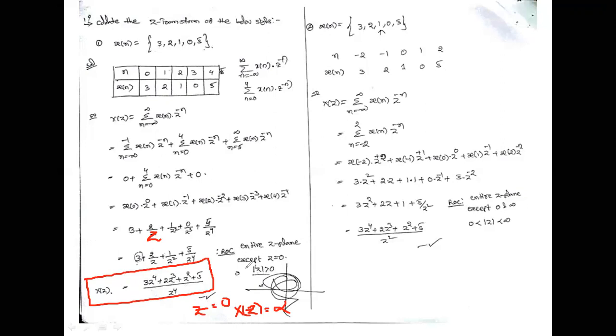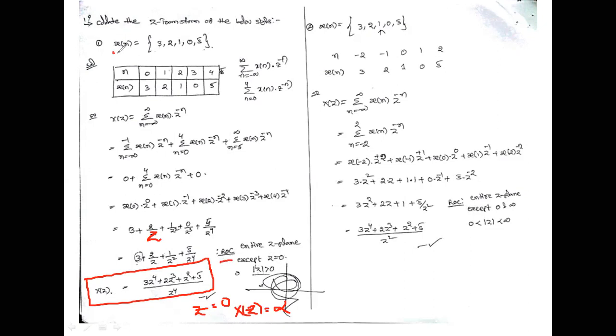The function x of z exists in the entire z plane except z is equal to 0. The ROC, the region of convergence, is the entire z plane except z is equal to 0.